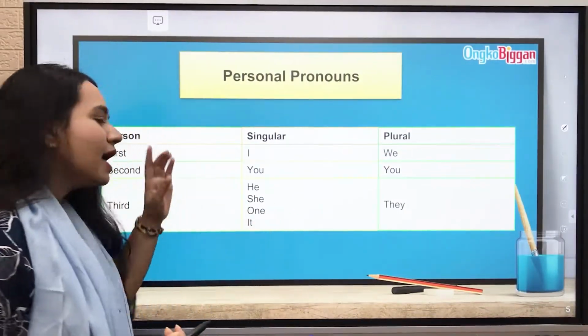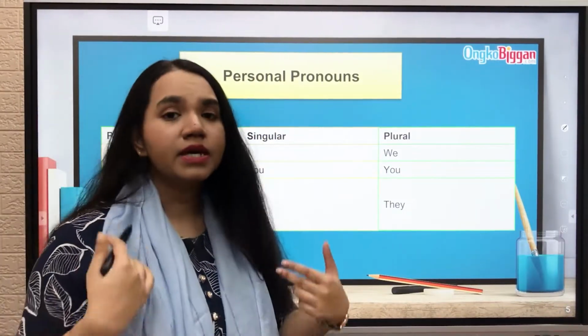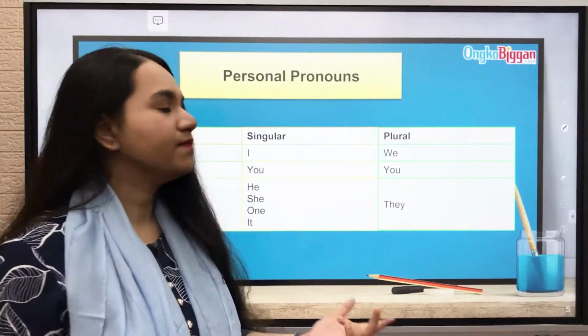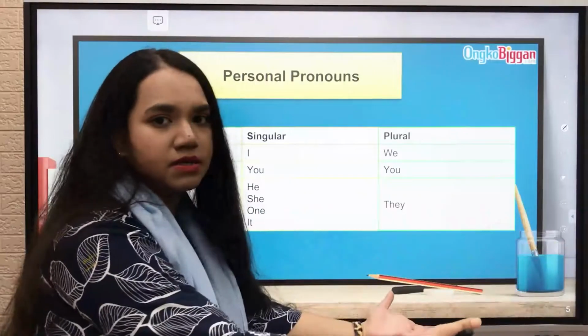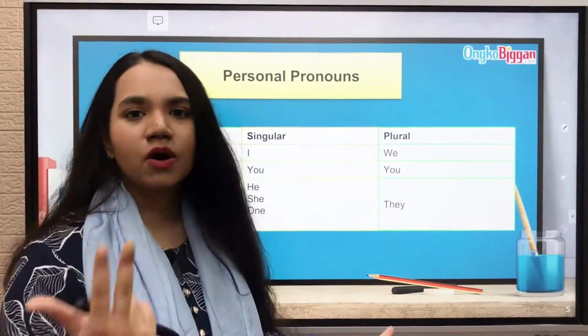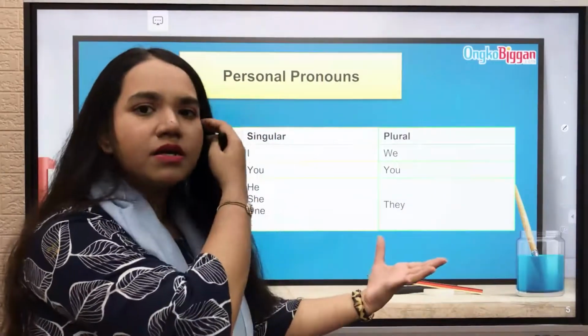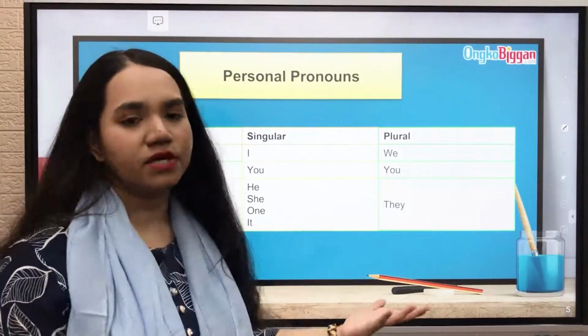By second person, I mean the person I am talking to. So this can be you, your, yourself, yourselves and so on. And then the third person refers to another person, someone who is not within our conversation. It's neither I nor you. So it's just another, excluding person, which we call the third person.